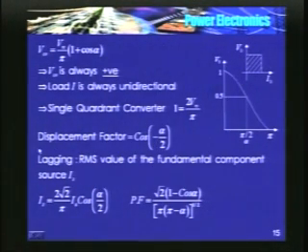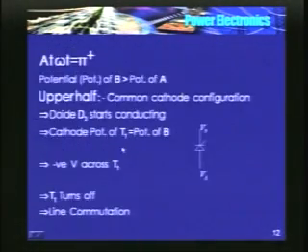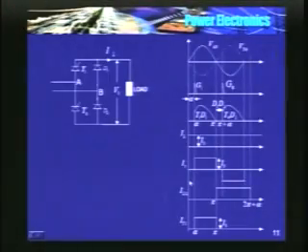Even the displacement factor is lagging, because if you see here, the input sinusoid, the fundamental component, cuts the zero axis somewhere here. So the fundamental component lags the fundamental component of the voltage, hence the displacement angle is lagging.